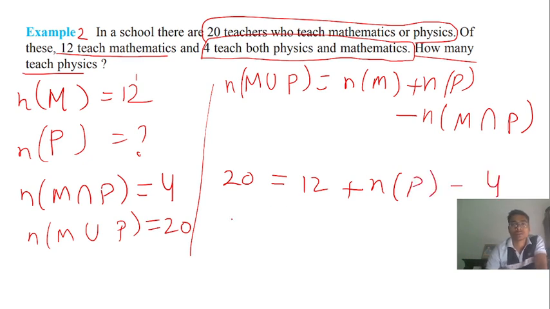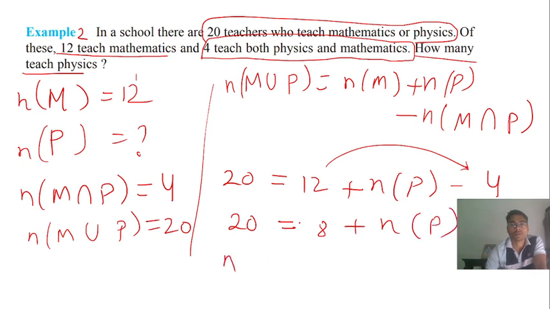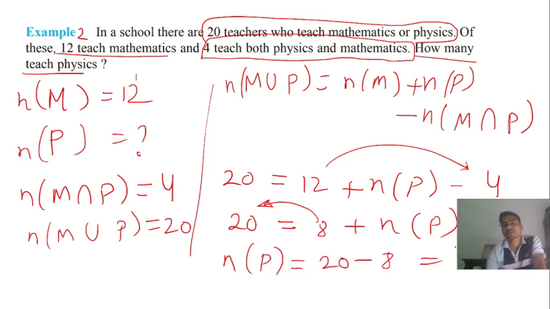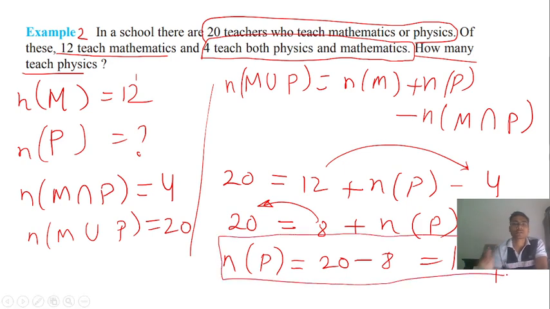So 20 is equal to 12 minus 4, which is 8, plus the number of physics teachers. We send this 8 to that side, and the number of teachers of physics is 20 minus 8, which is 12. There are 12 teachers who can teach physics.